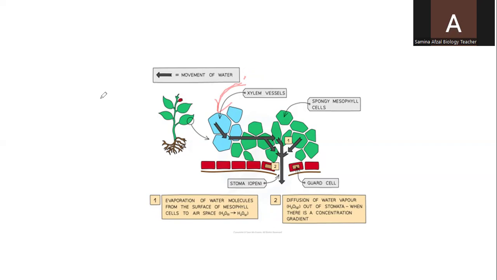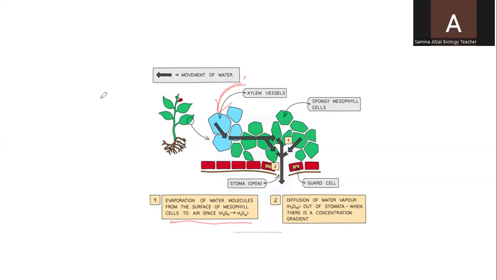So there is evaporation of water molecules from the surface of the mesophyll cells to the space. Water is in higher water potential in the xylem vessels, then it enters into different parts of the leaf and especially into the mesophyll tissues.